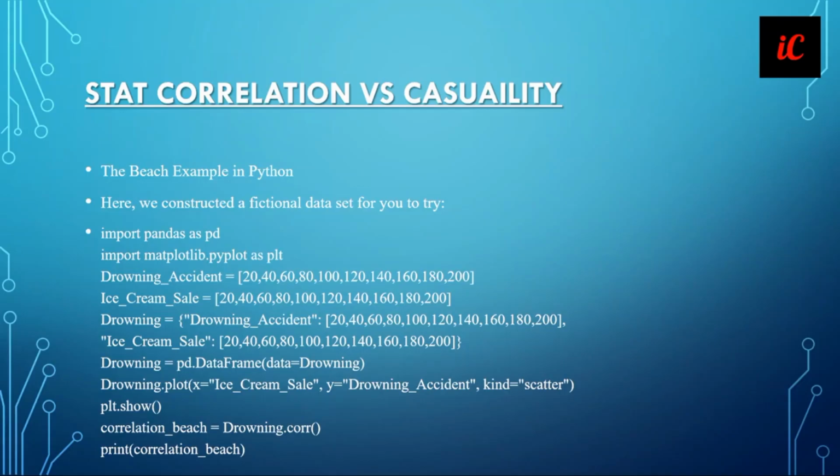So after comparing all this, in other words, can we use ice cream sales to predict drowning accidents? No, probably not. These two variables are accidentally correlating, which doesn't mean they are related to each other.